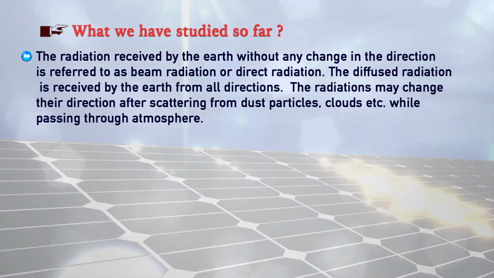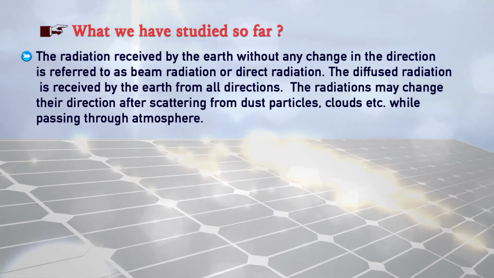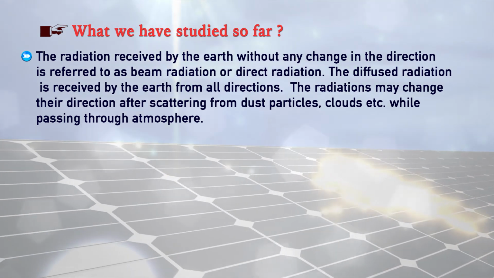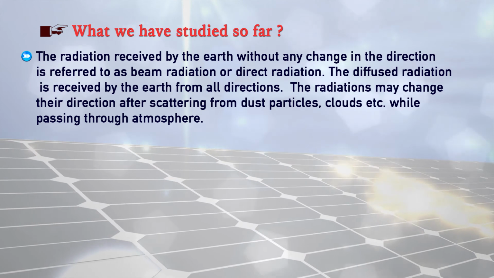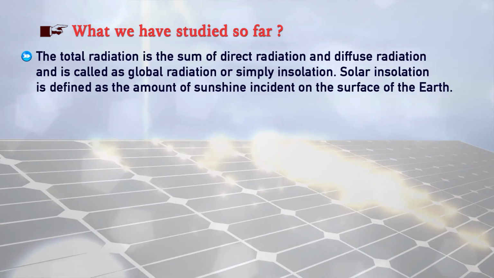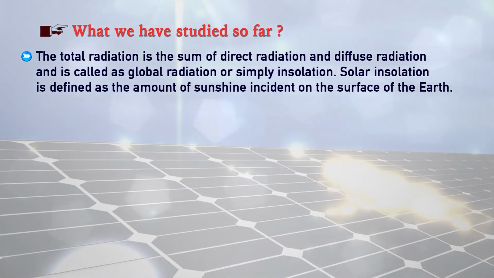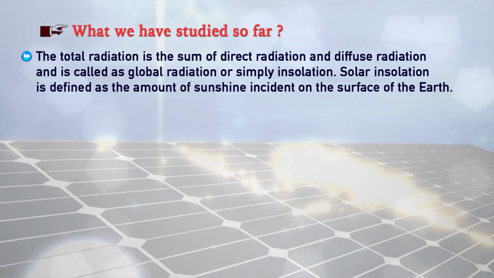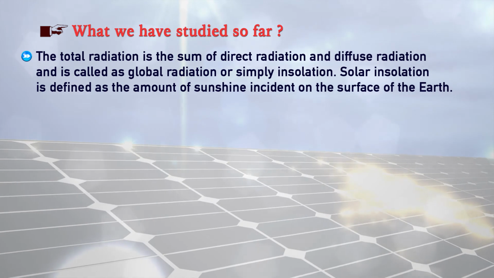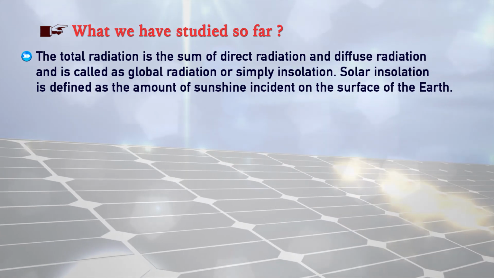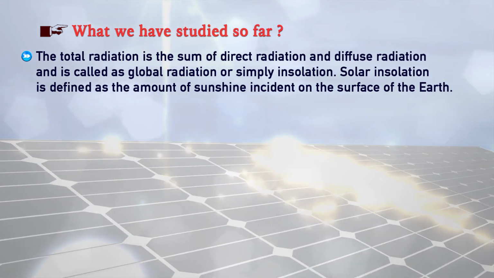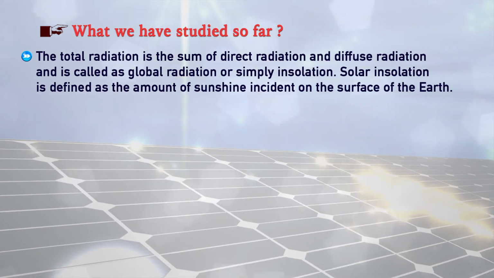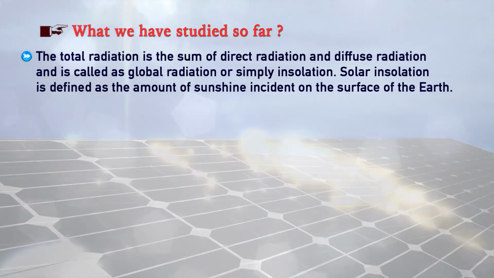The radiation may change direction after scattering from dust particles, clouds, etc. while passing through the atmosphere. The total radiation is the sum of direct radiation and diffuse radiation and is called global radiation or simply insolation. Solar insolation is defined as the amount of sunshine incident on the surface of the earth.